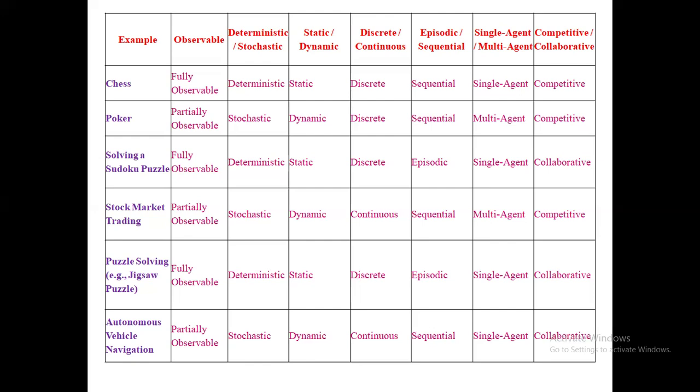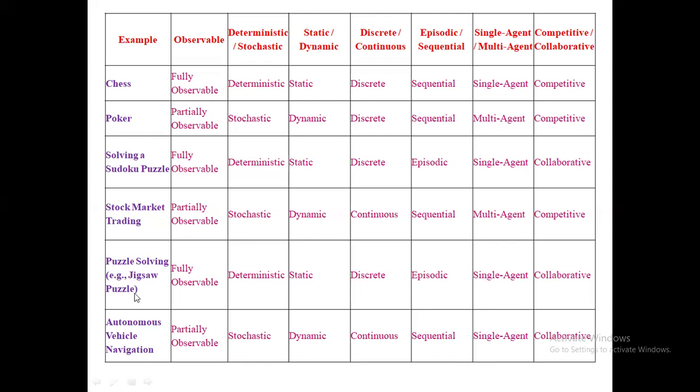The environment is continuous with prices and quantities varying on a spectrum. Stock trading is sequential as each decision, that is buying or selling, impacts future strategies and outcomes. It involves multiple agents, including traders, brokers, and algorithms, making it multi-agent. The market is competitive, with the participants striving to maximize profits, and unknown, as future market trends and behavior are unpredictable.